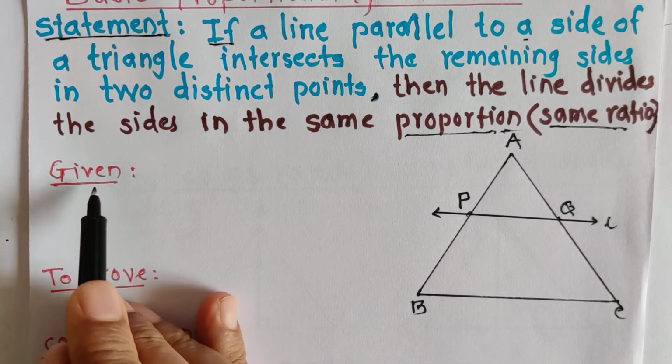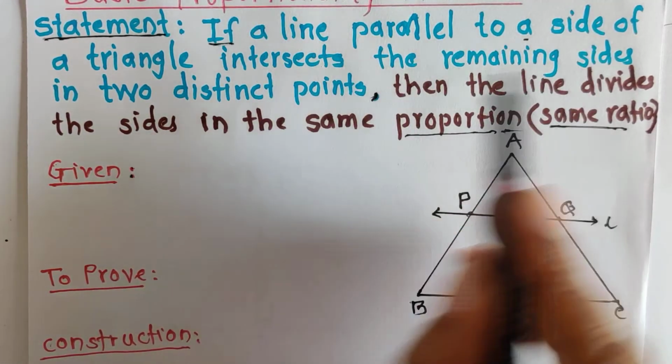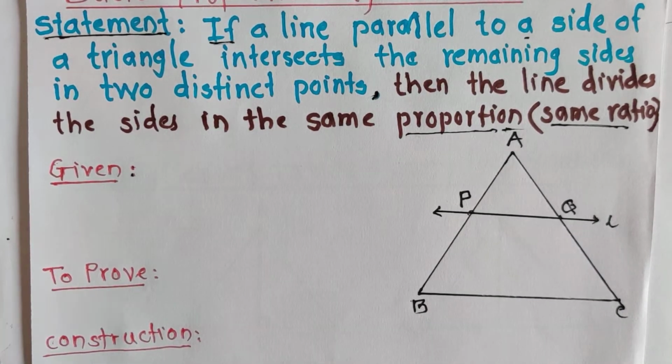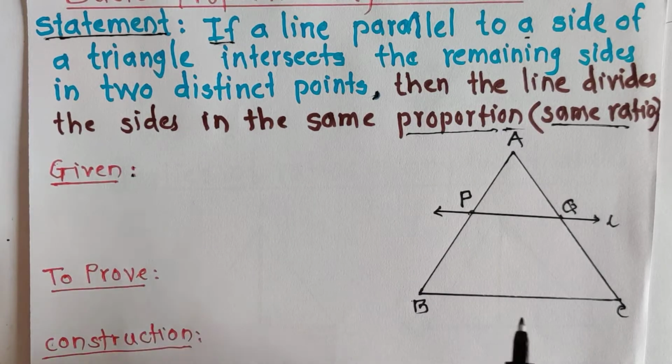Then the second point is to write the given. The statement after 'if' is the given, but we can't write it in the form of words. So remember, while writing, the given should be in mathematical form. There is one format: in so-and-so figure. So in which figure?